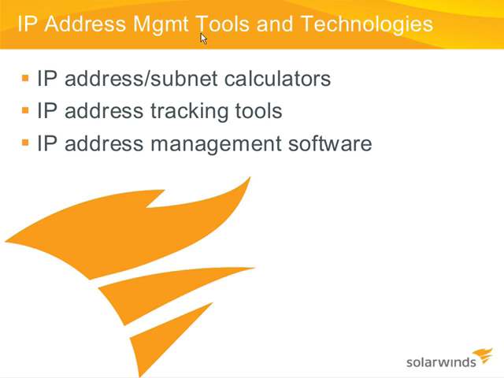Also there are some great IP address tracking tools out there that make it a lot easier to see which addresses are in use, how full your DHCP scopes are, for instance, and really to understand how the IP addresses are allocated, in real time. And there's also some great IP address management software out there, including a new module we just brought to market last month, Orion IP Address Manager.